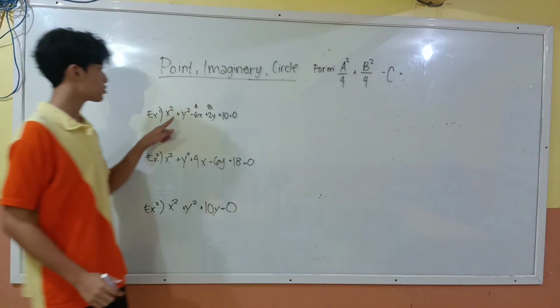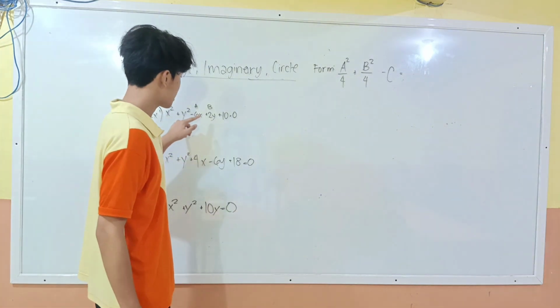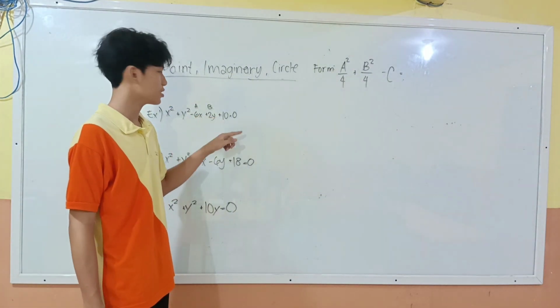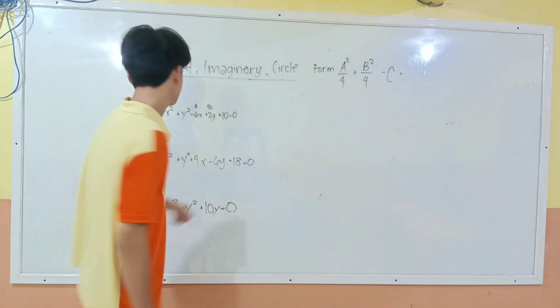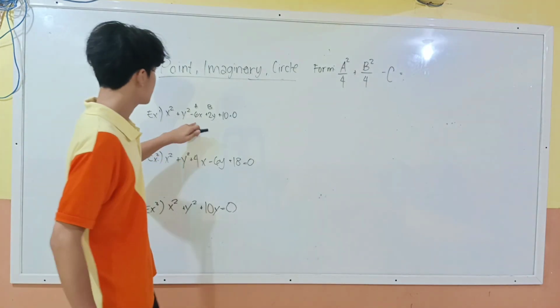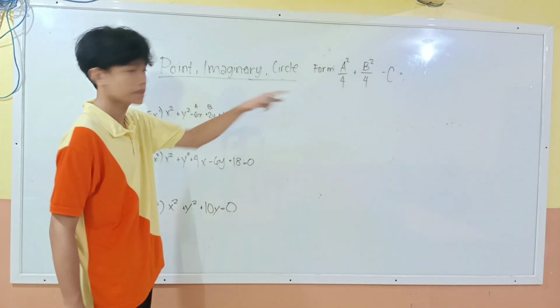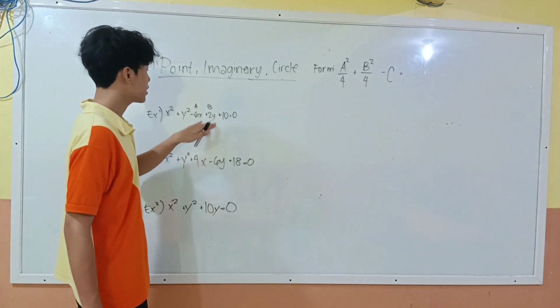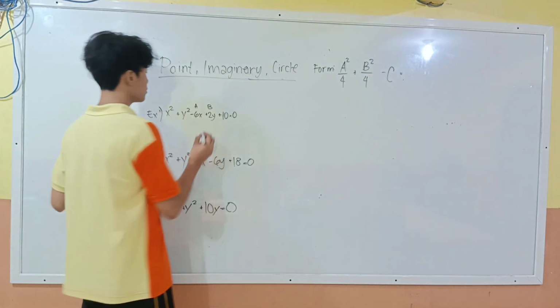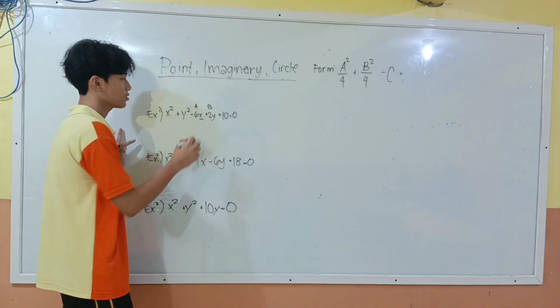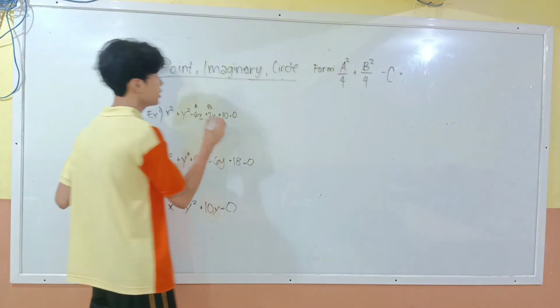So x squared plus y squared minus 6x plus 2y plus 10 is equal to 0. So 6x is our a, so you can substitute it later. And then 2y is our b. So the variable with x is a, and the variable with y is b.